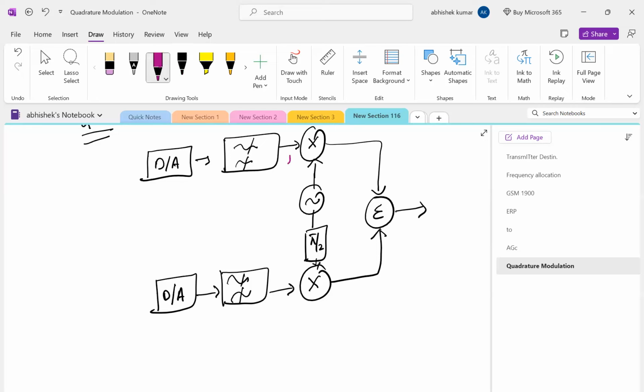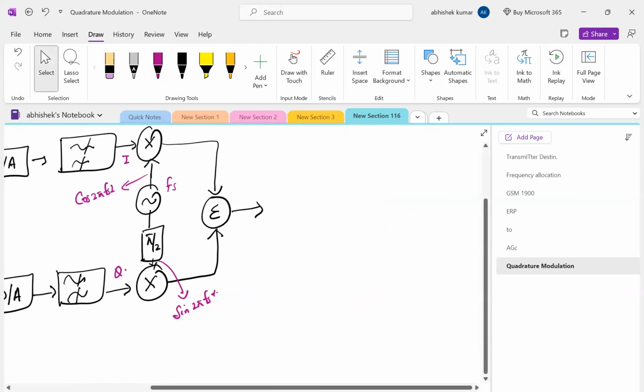We have the in phase component here and the quadrature component here. This is our FS. This is our local oscillator, and this is the shifted local oscillator. It is basically cos 2 pi FC t, and this is sine 2 pi FC t.